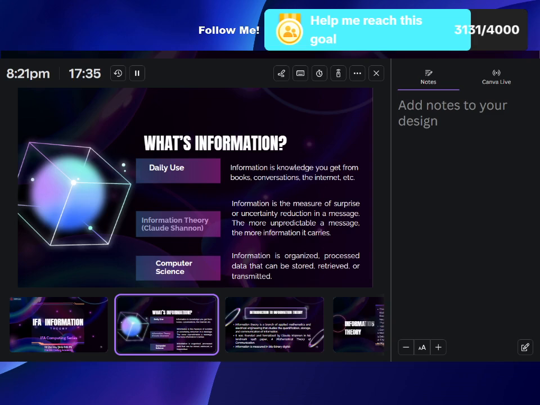The theory was developed by Claude Shannon, an American mathematician. He released a paper on it in 1948, titled A Mathematical Theory of Communication. In that paper, he formalized what we call information theory today.